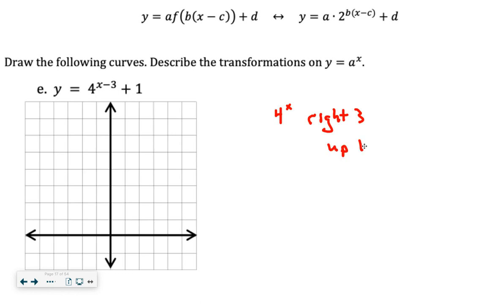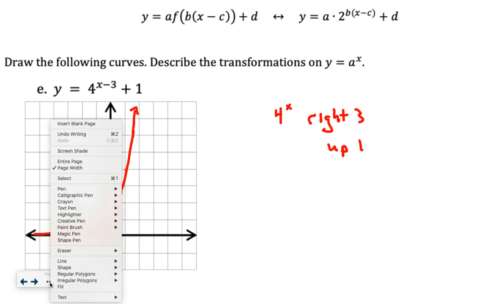So let me graph 4 to the x first. I would have -1, 1/4, 0, 1, and 1, 4. So here's my 4 to the x, and I'm going to take this and go right 3, up 1.